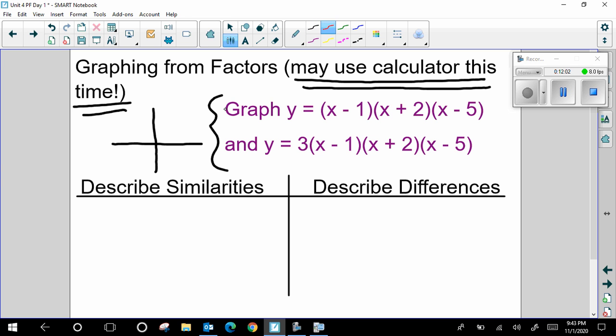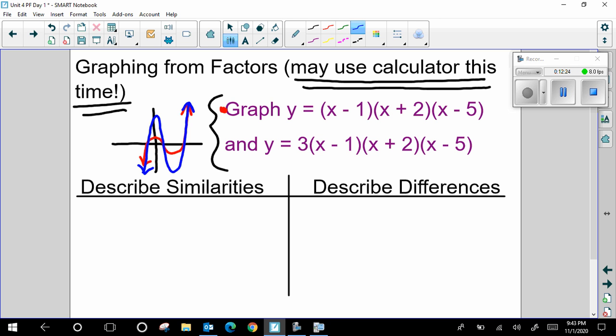So this one we'll do as red. So it crossed, let's see, kind of look like this. And then the second one crossed at exactly the same spots, but it went a little bit higher and a little bit lower.